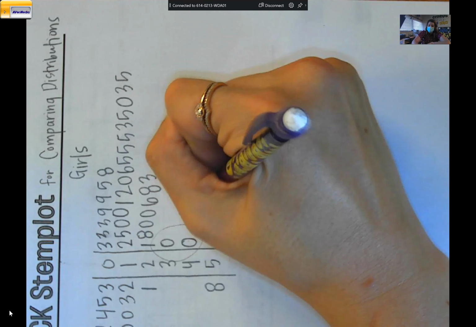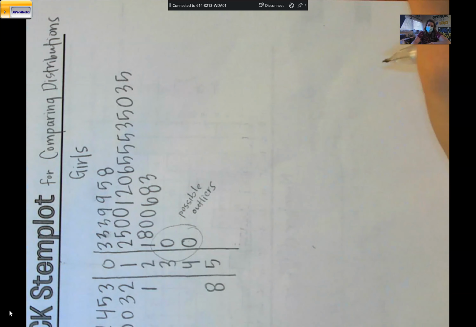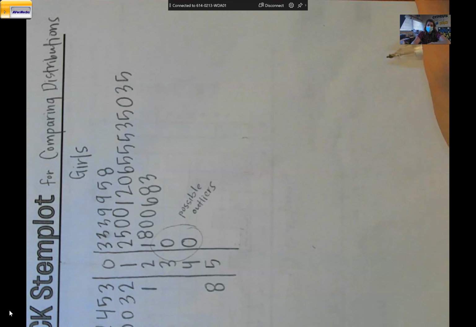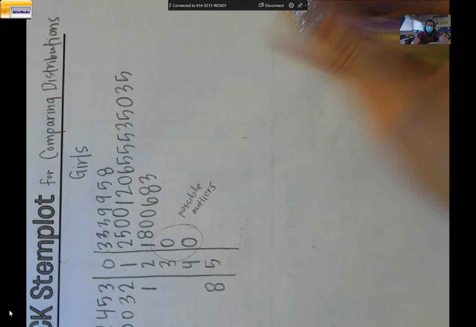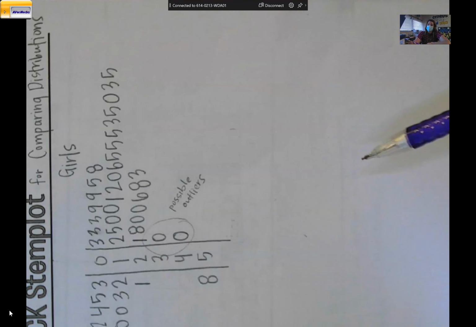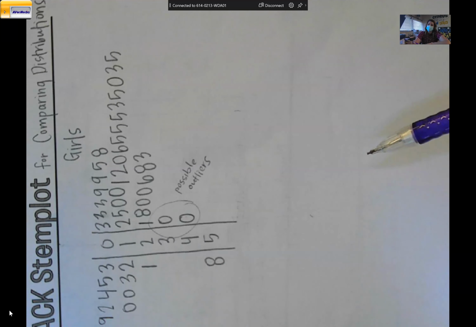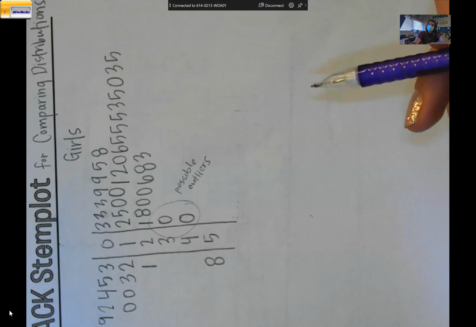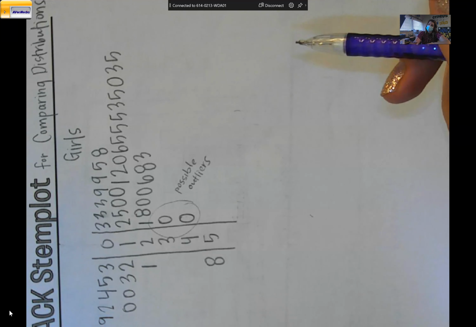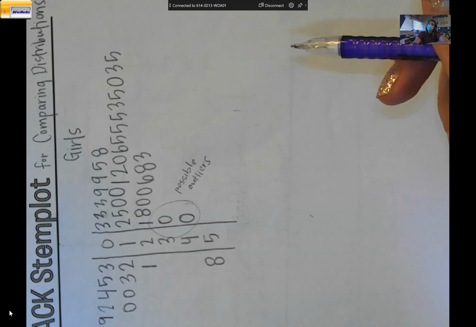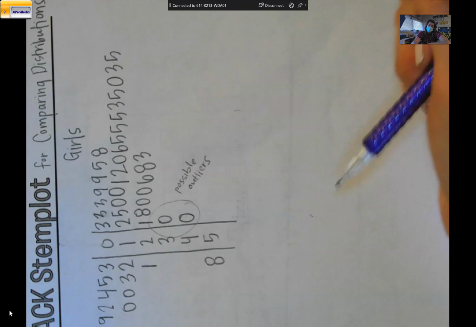If they're not outliers, they're definitely causing a little bit of skew on this distribution. Would you guys agree? I don't think that their data is very spread out because most of the girls own between 3 and 28 pairs of shoes. So I don't think that spread is too big.